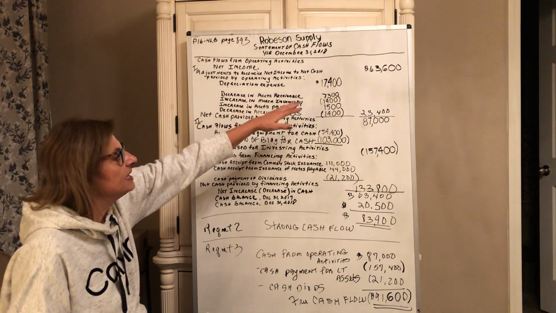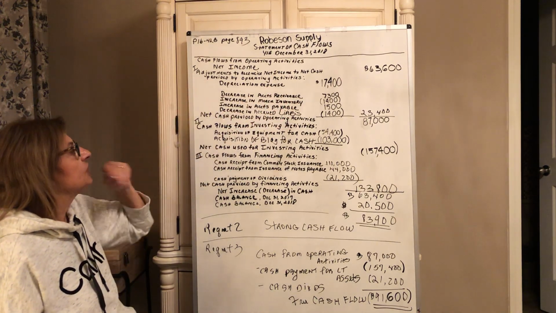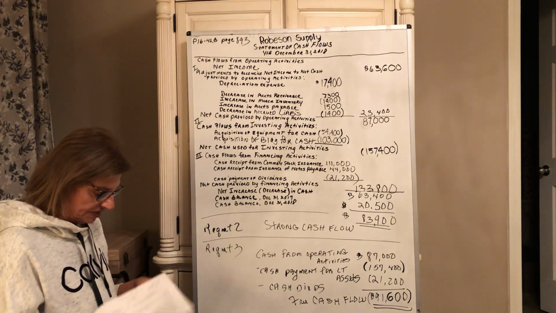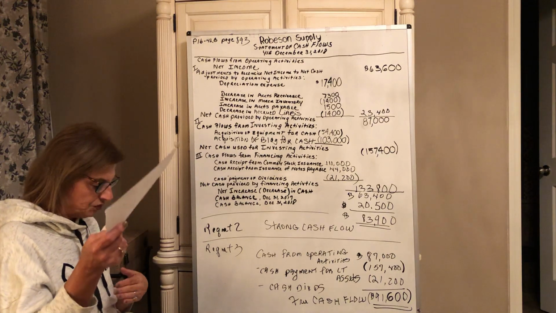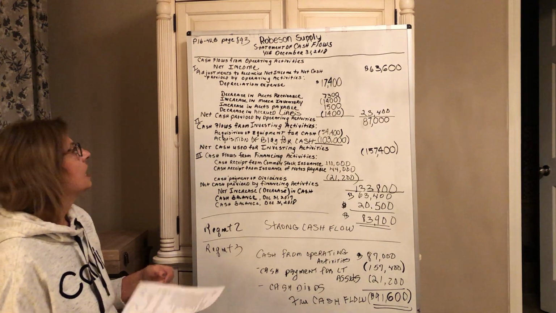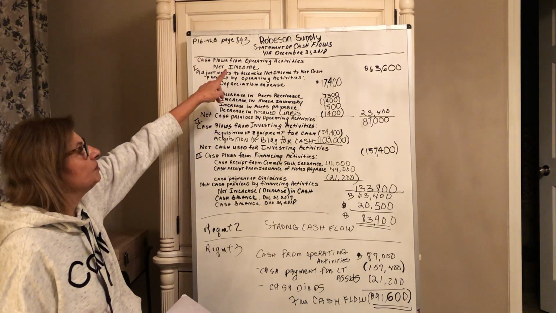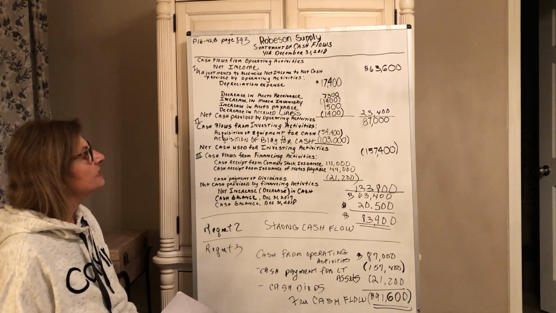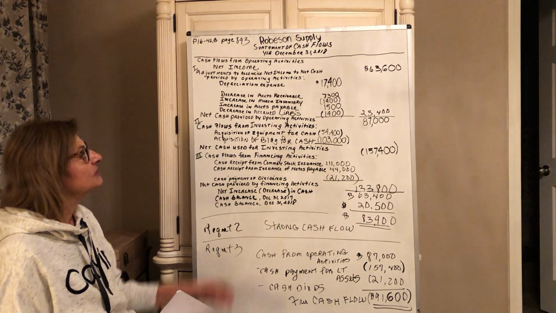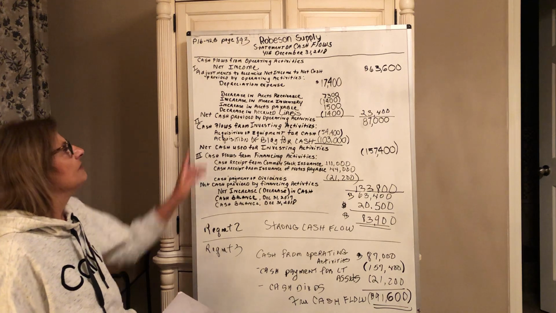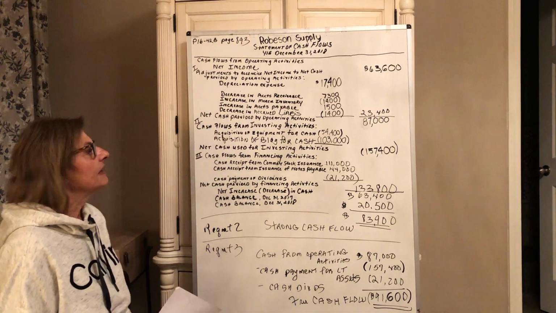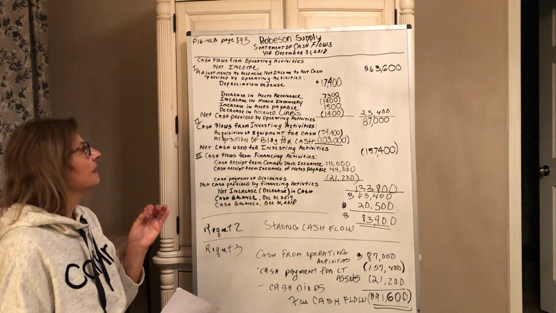We're going to start with the net income. Again, this one's on page 893, probably the top 2/3 of the page. 1642B about Robeson Educational Supply. The net income is $63,600. We always start there.